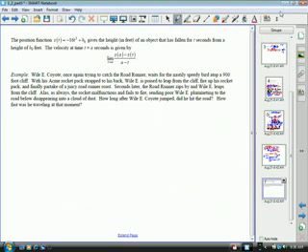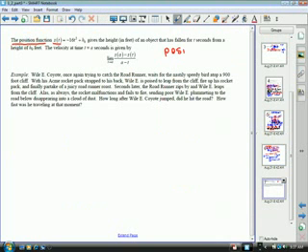It talks about position function. So what happens is there's actually two position functions that we can have for this scenario. The scenario here is the position function s of t.